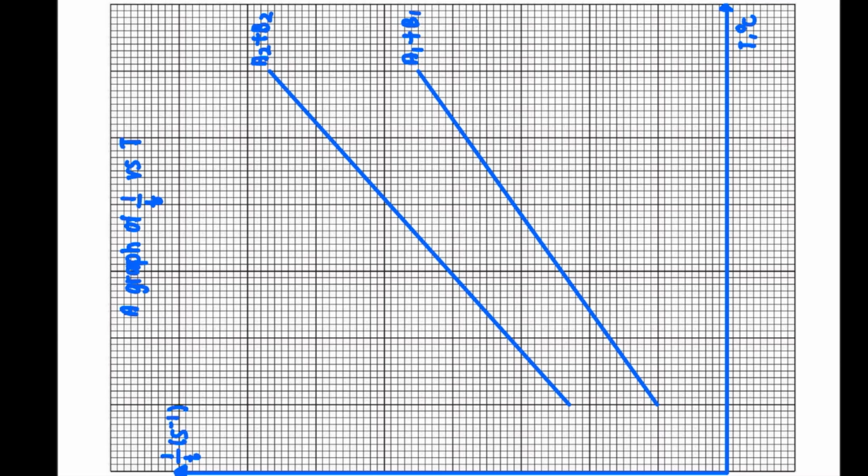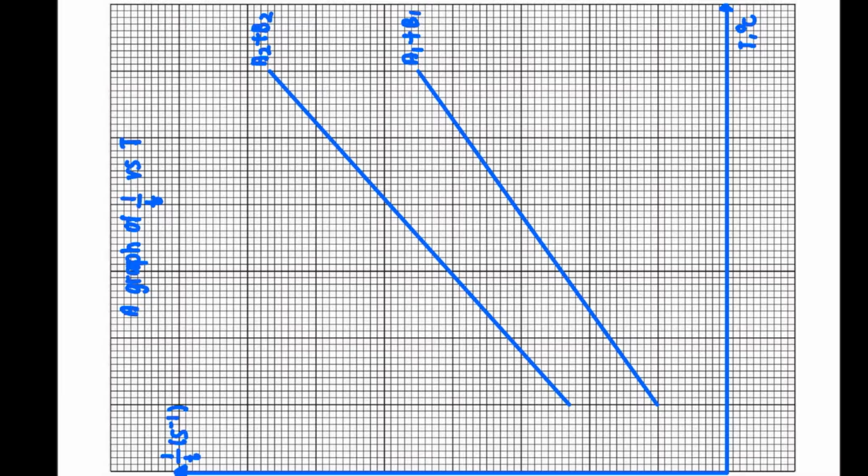For the graph of part B, again, what you need to have is your title, a graph of 1 over T versus temperature. Since the unit taken for the time is second, the 1 over T unit will be second to the power of -1. For the temperature, since we have degrees Celsius, we have to write that down. Make sure the axes and units are written as well.